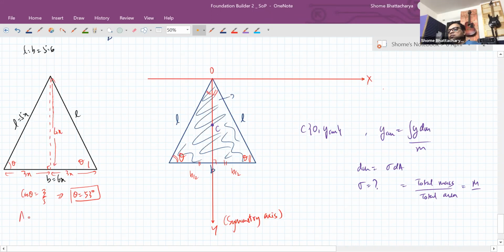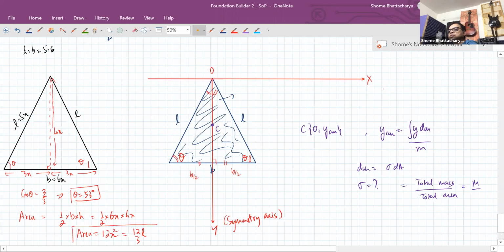So the area of the triangle, which is half into base into height, will be half into 6x into 4x. So that is 12x square.